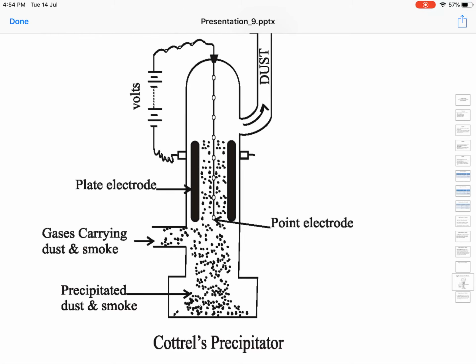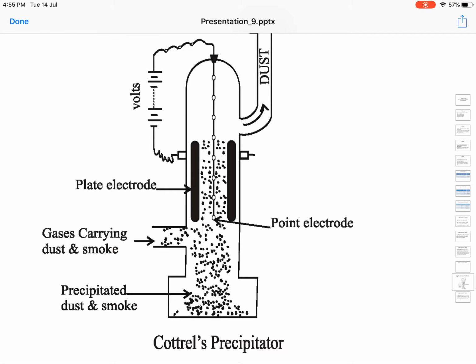As smoke and dust particles pass through these electrodes, when they come into contact with them, the charge present on these solid particles will be neutralized. They form into larger aggregates, and the solid particles will precipitate down at the bottom.